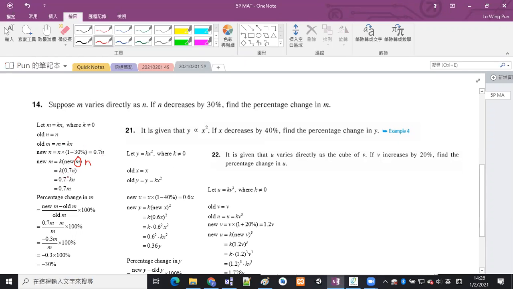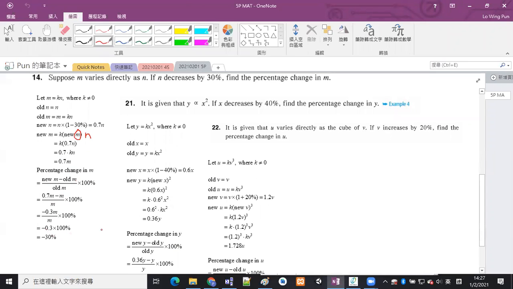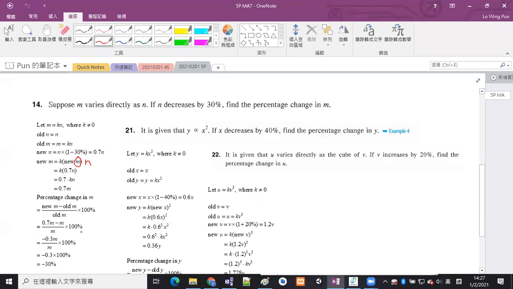The latest part will use our preparation: kn is equal to m, so this kn is changed to m here, and this is our new m. The question asks us to find the percentage change in m, so it is calculated by new m minus old m, divided by old m, times 100%. We use our preparations, and we find that this is a negative number. It's negative 30%, so this change is actually a decrease. It is decreased by 30%.